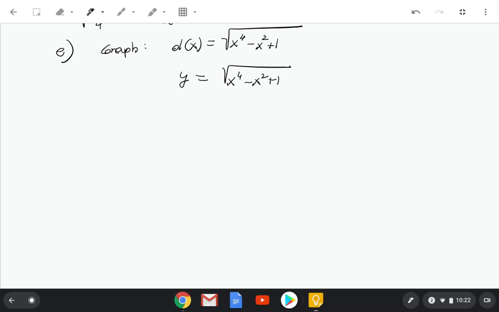So I just quickly will show you how the graph will look like. Again, you won't have to do it on the test because I'm not going to ask you to use your graphing calculators for that. But the graph will look something like this.